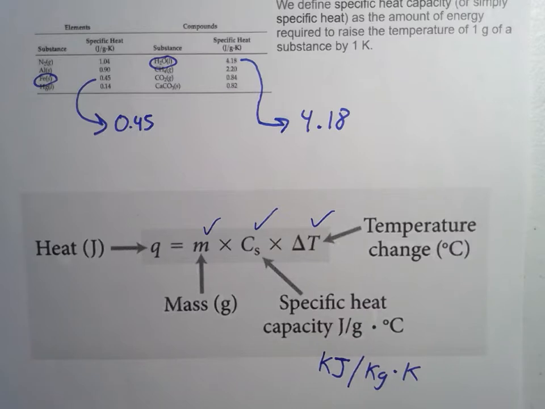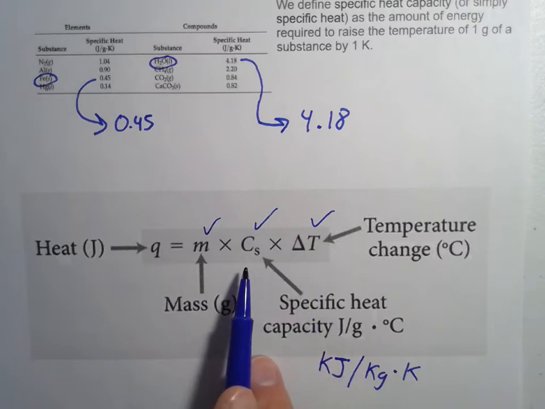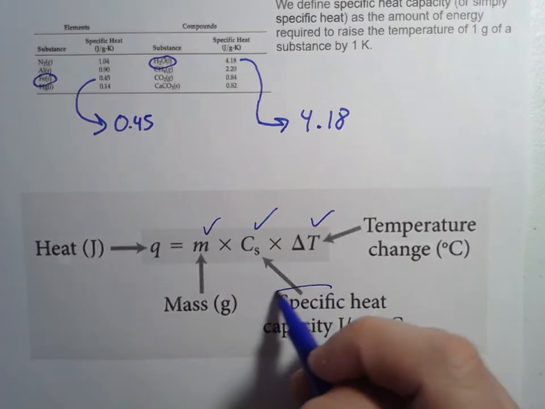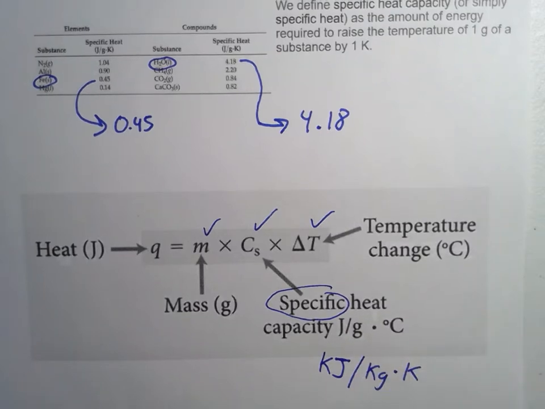This could be really useful because if you can measure the heat flow, if you can measure Q, you know the mass of the substance, and you know the temperature change, then you can actually identify the substance by solving for C. Remember, C is specific heat. This is a specific value that is special for every substance. Let's say I had a chunk of metal and I wasn't quite sure what it was.